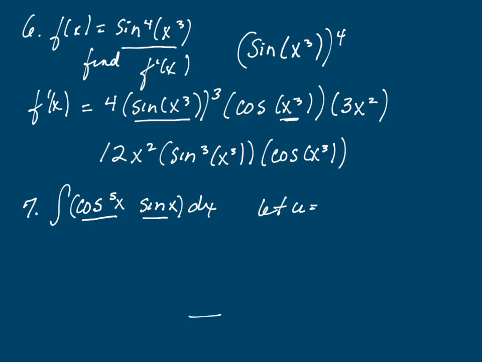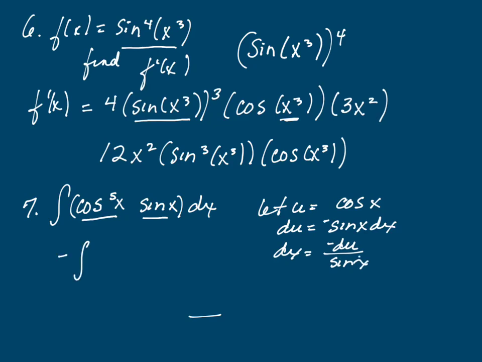Let u equal cosine x, du equals sine x dx. So dx equals negative du over sine x. So when you come back to rewrite it with u, you have a negative.